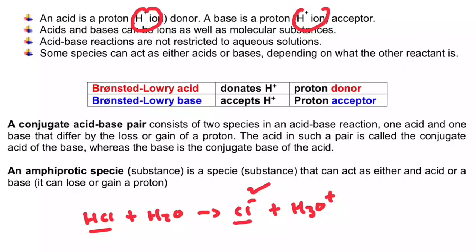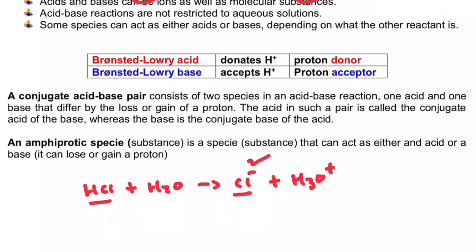Okay, it is because to consider HCl an acid, we spoke about Cl being negative, and we did not talk about H being positive. Okay, our definition is that an acid is a proton donor. So the only reason why we're saying that HCl is an acid is because it has donated a proton.